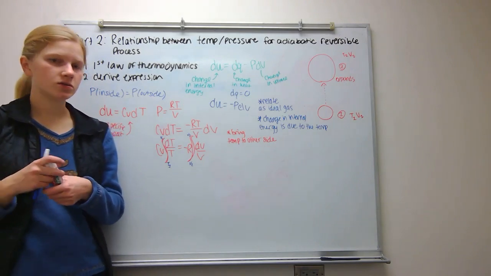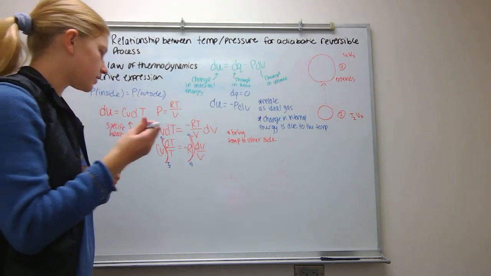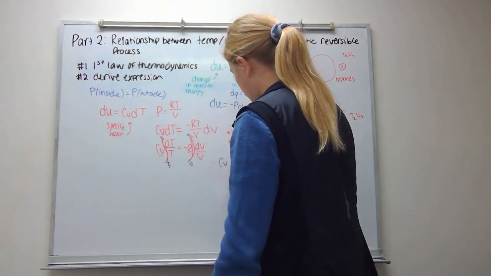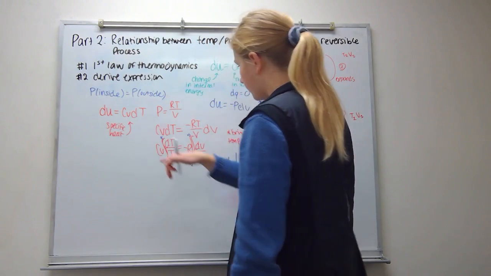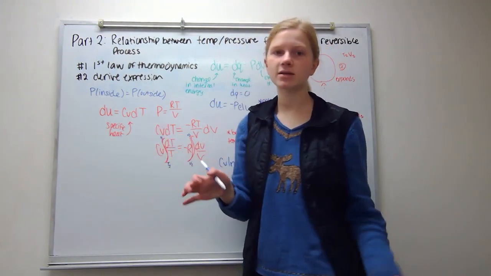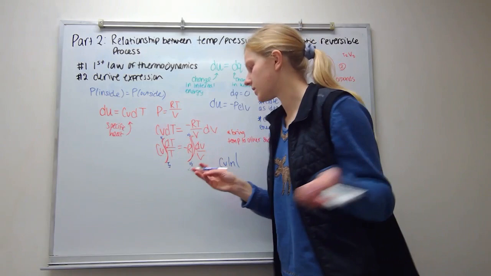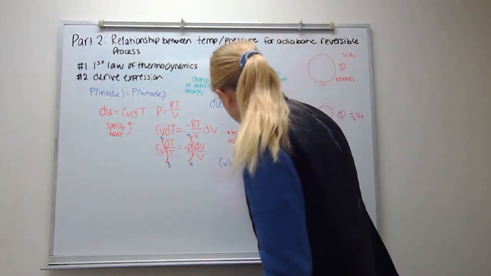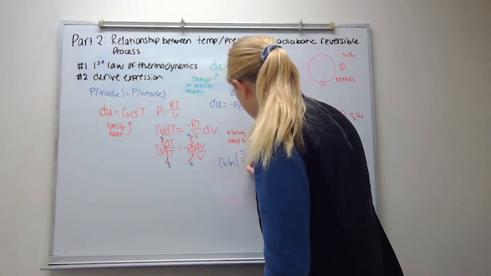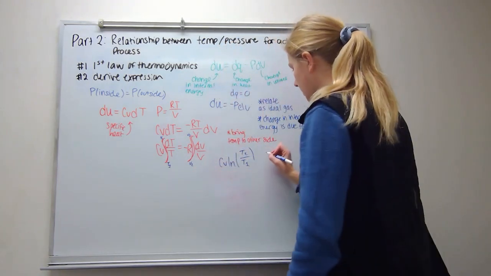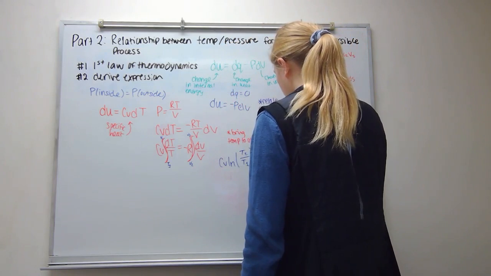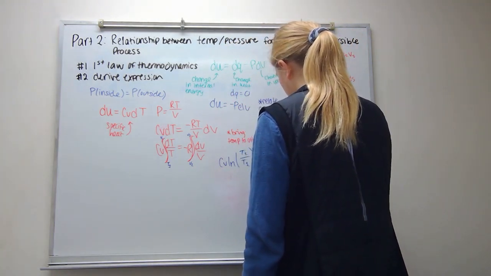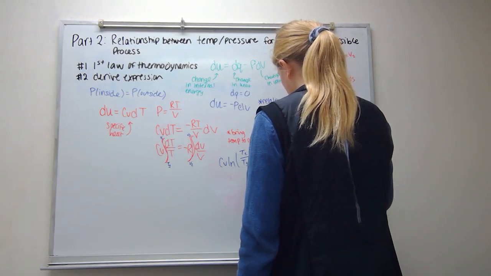So we're going to end up with something that looks like CV, since it's just constant, it's on the outside, natural log of, and since you subtract the limits of integration, one of the properties of natural logs is that you can make it one log by dividing them. So T2 over T1, and then we'll have the same thing for the other side, equals negative R natural log of V2 over V1.